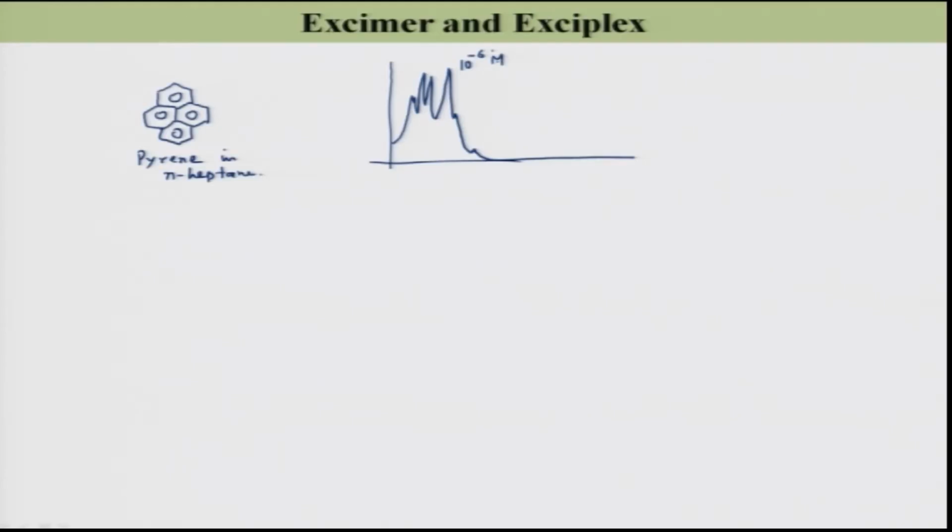molar. Now, as you increase the concentration of this pyrene, initially obviously the fluorescence intensity will increase. Let us say, for example, if from 10 to the power minus 6 I make it 2 into 10 to the power minus 6, then obviously we are going to see the intensity will increase like this.